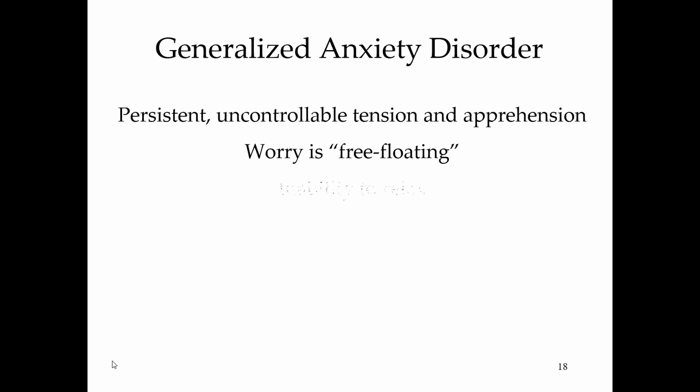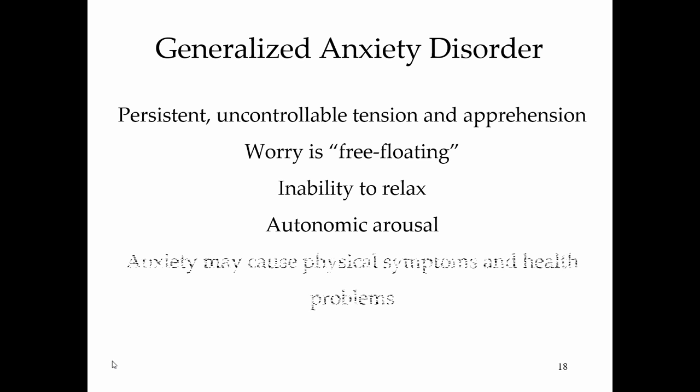It's just constant. The person also finds themselves unable to relax, always tense. Their autonomic nervous system is over-aroused from all of this worry. And in fact, this then may cause physical symptoms and health problems like headaches or like digestive problems, rise in blood pressure.